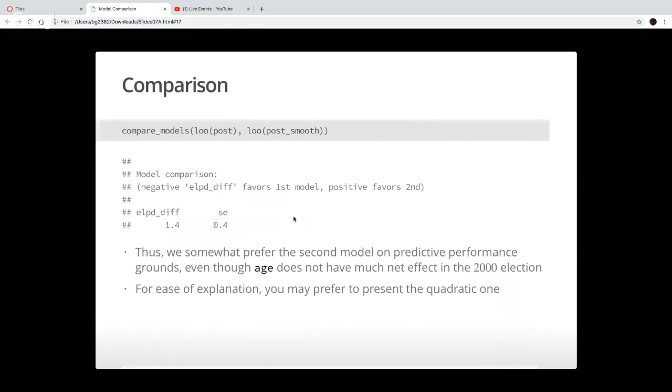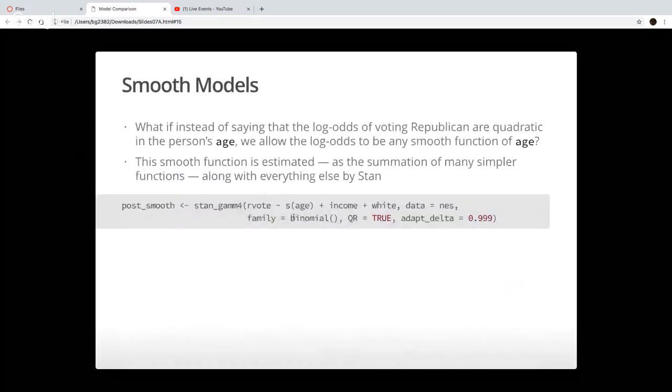But the ELPD comparison is telling us that this model is expected to predict the 2004 election, let's say, better than the quadratic model that I estimated. And we can use this LOO and ELPD concept to compare any two models on the same outcome.